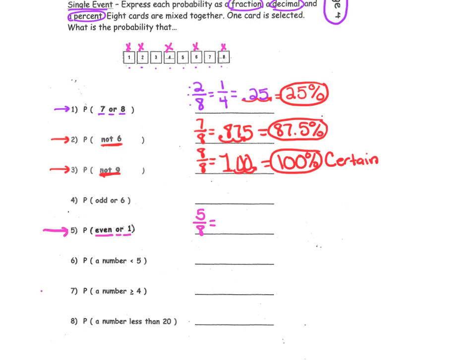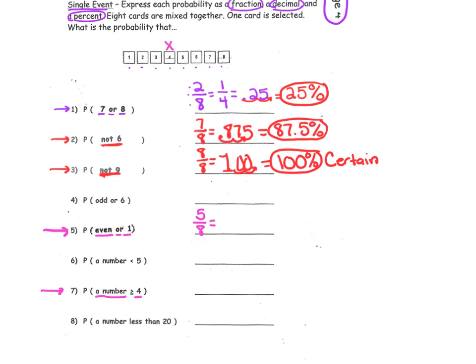Let's move on to number 7. Think of it this way. What's the probability of drawing a number greater than or equal to 4? Out of those 8 cards, think about the numbers that are greater than or equal to 4.